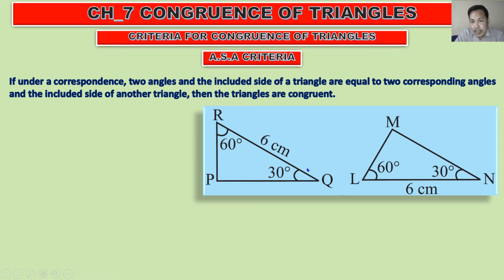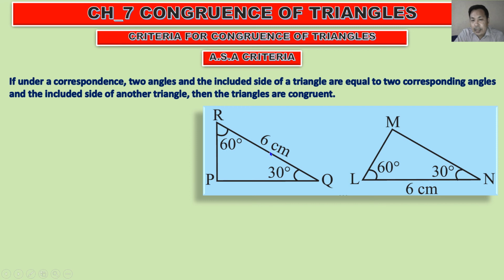Likewise in the second triangle, LN is the included side, the side between the two angles, which is also equal to the included side of the first triangle.